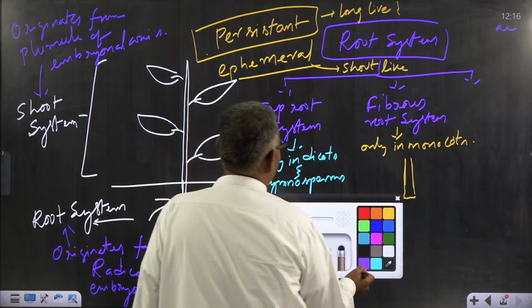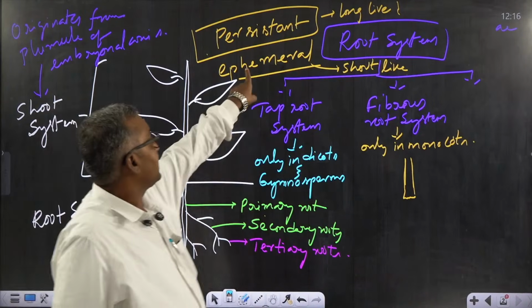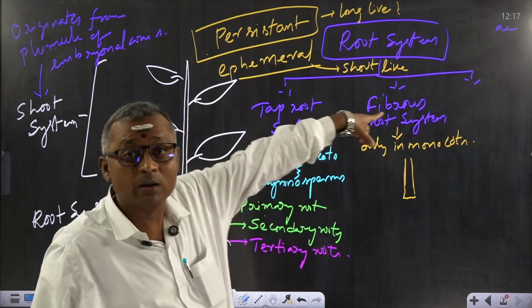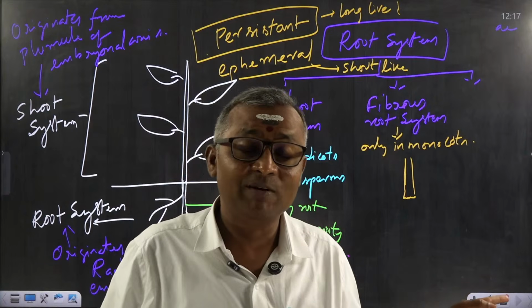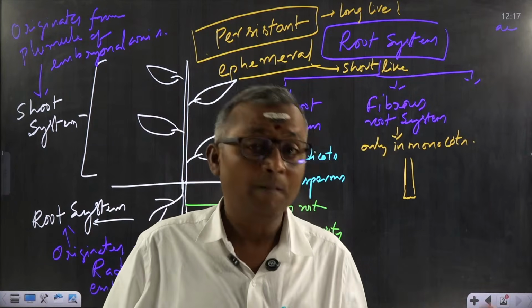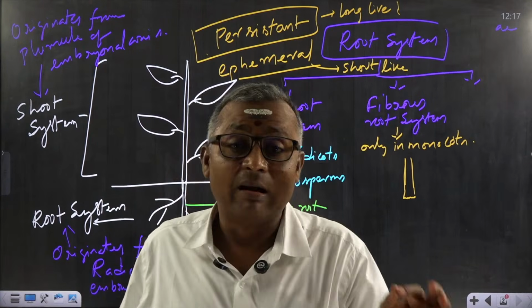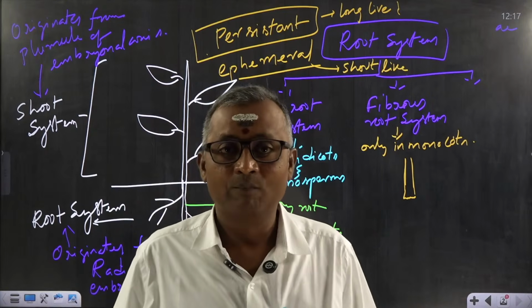Here, the radicle is ephemeral. What do you mean by ephemeral? Short-lived. I already told you. What about in the case of dicots? Is the radicle ephemeral or persistent? It is persistent. But in monocots, the radicle is ephemeral, it lives only for a short period.